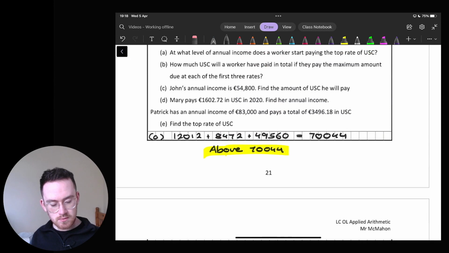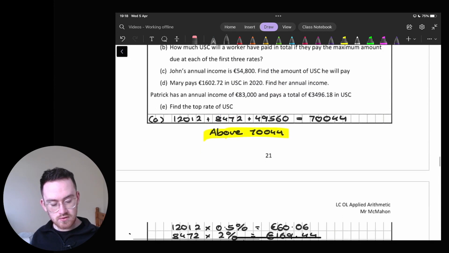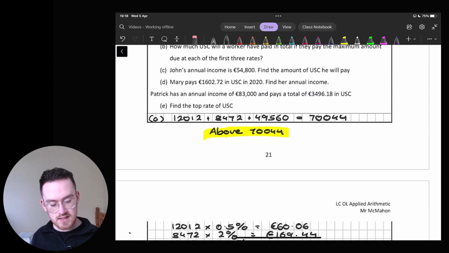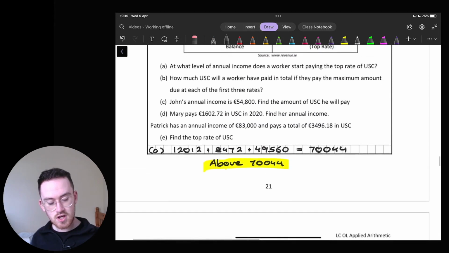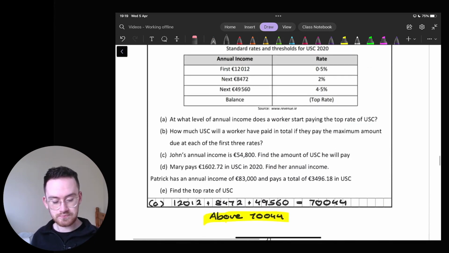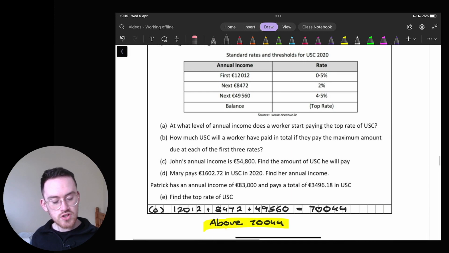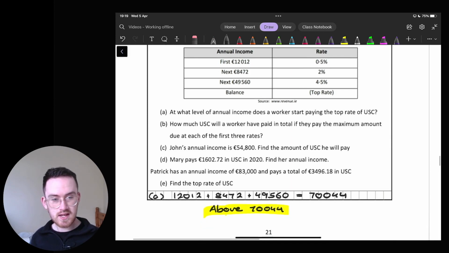Patrick has an annual income of 83,000, pays a total of €3,496.18 in USC. Find the top rate of USC. Okay. So we worked out in the first part that anything above 70,044 is going to be at the top rate of USC.